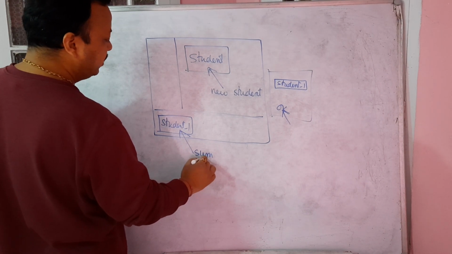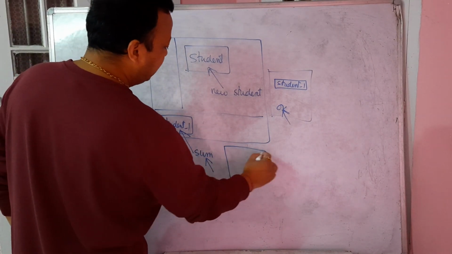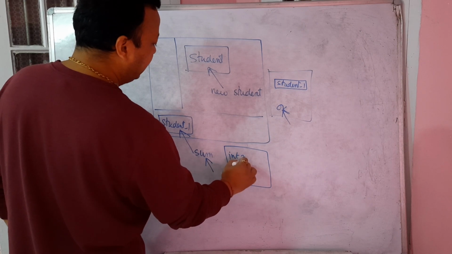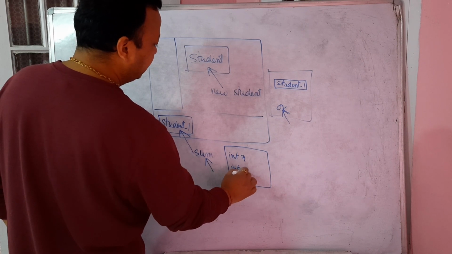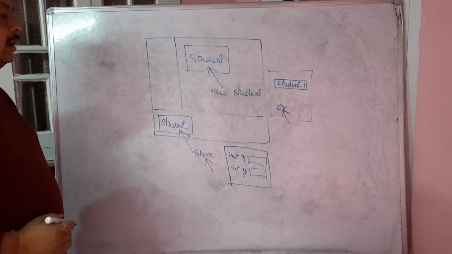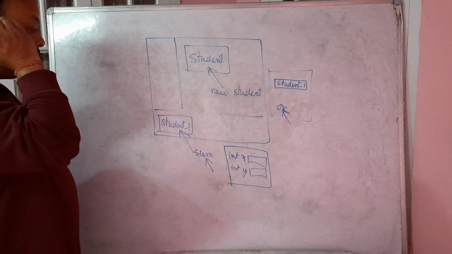The moment you choose sum, you will get another dialog box asking you to punch in the values for x and y. You need to specify in two different text boxes the values for x and y that you want to use to find the sum.